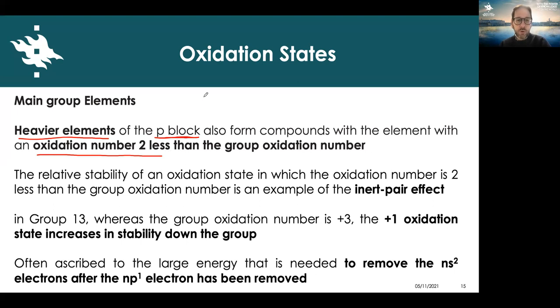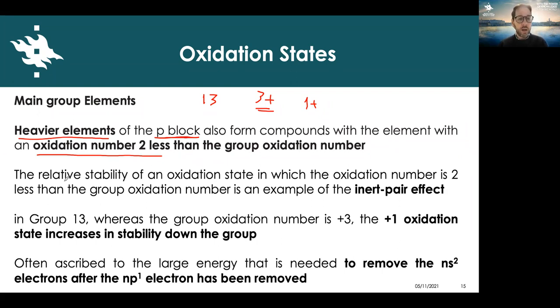For example, for group 13, the group oxidation number would be 3+. Therefore, heavier elements can also form compounds with the oxidation state 1+, or an oxidation state which is 2 units less than the group oxidation number.